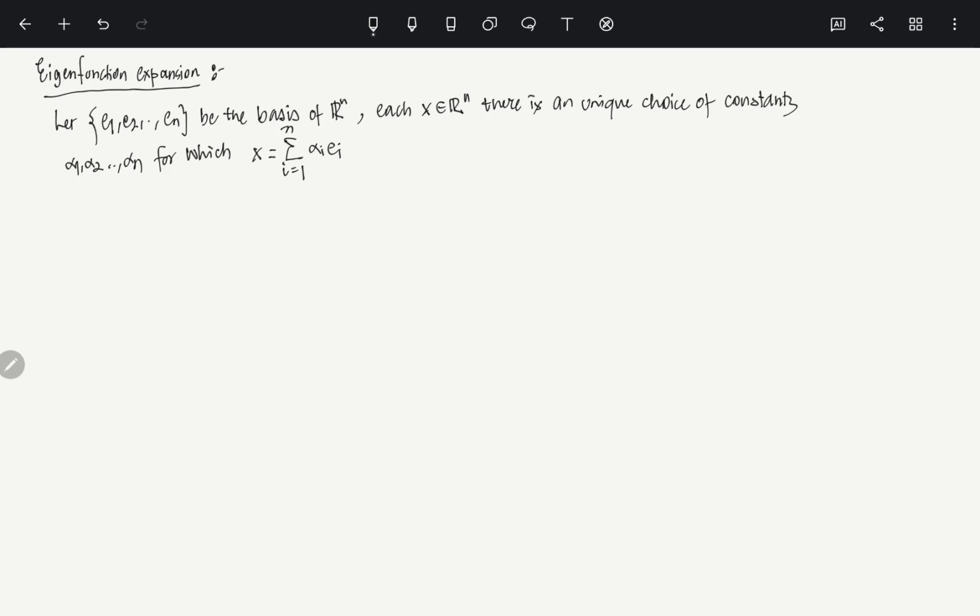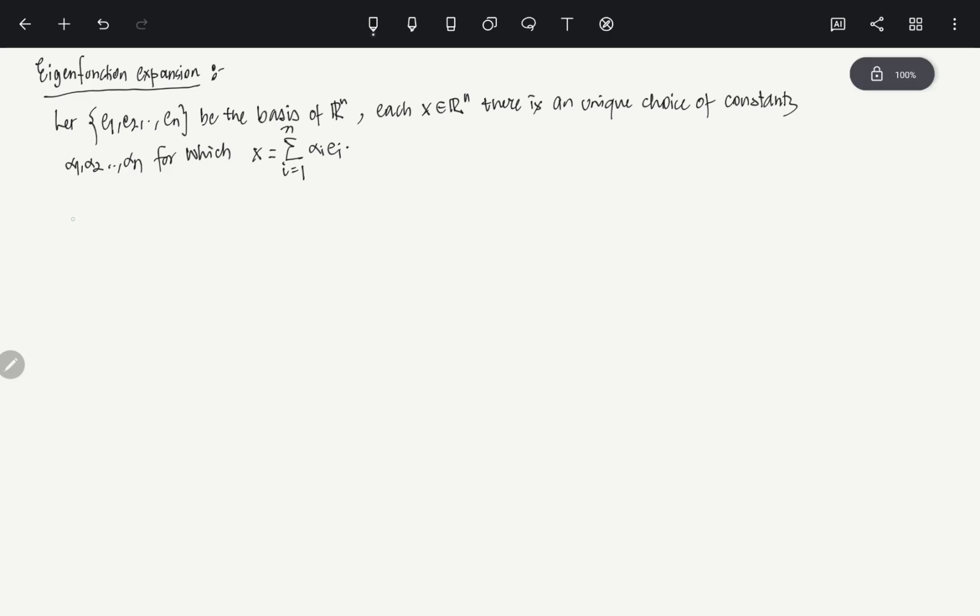Now let's say that if such a representation is given, or if we are given a basis and we want to find out what the alphas are, how do you do it? See here, what we are using is this.